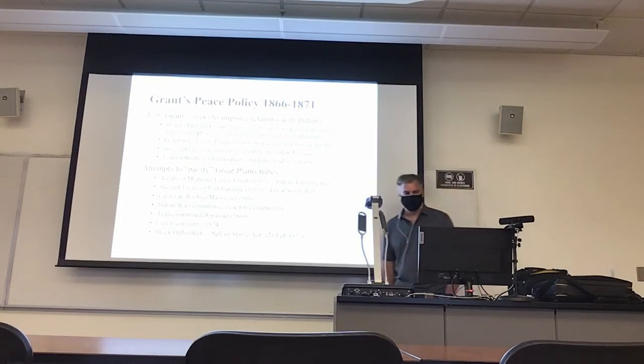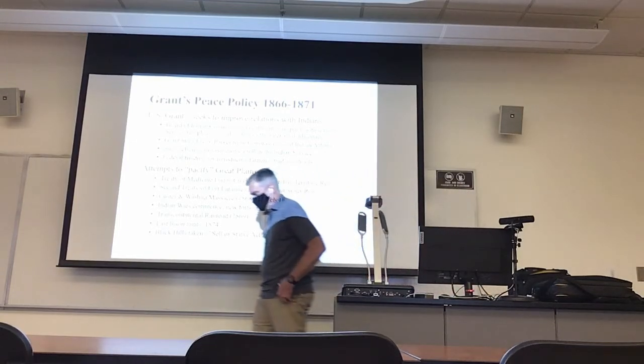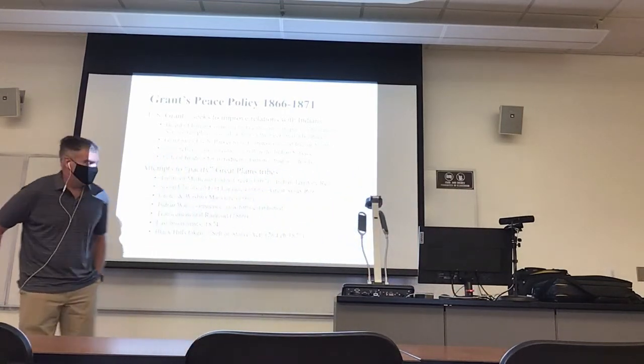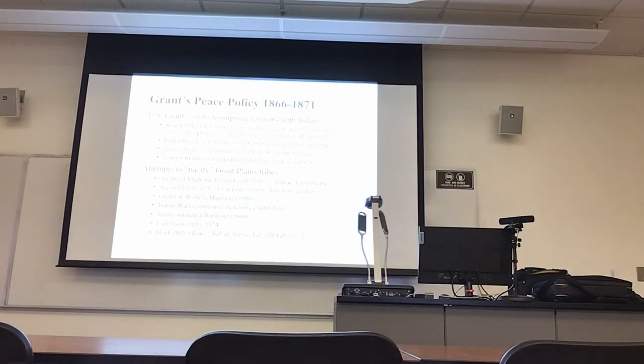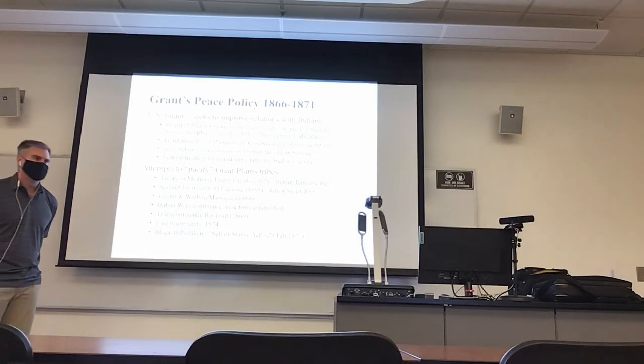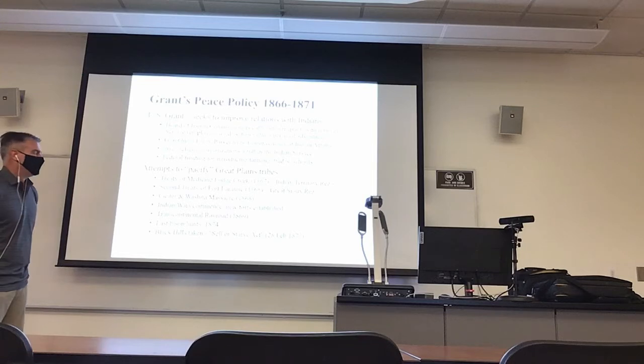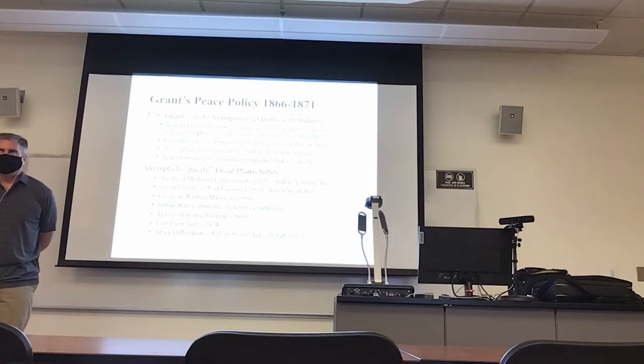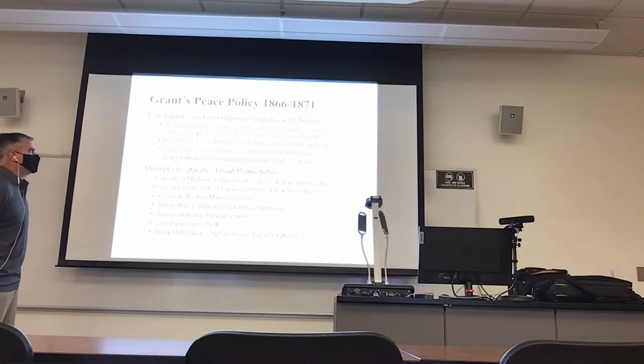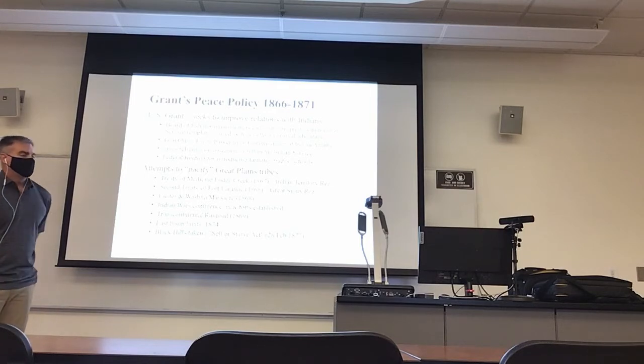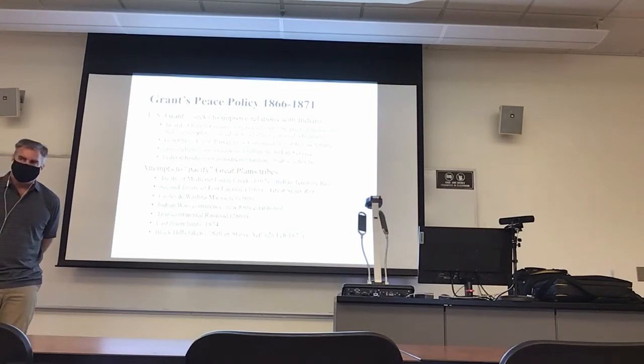I didn't talk about Grant's peace policy. Ulysses S. Grant, of course, was president after the Civil War, and I'll talk a little bit more about the peace policy in a couple more chapters, when we get to plenary power number 1. But Grant was a Quaker. He was from Ohio.